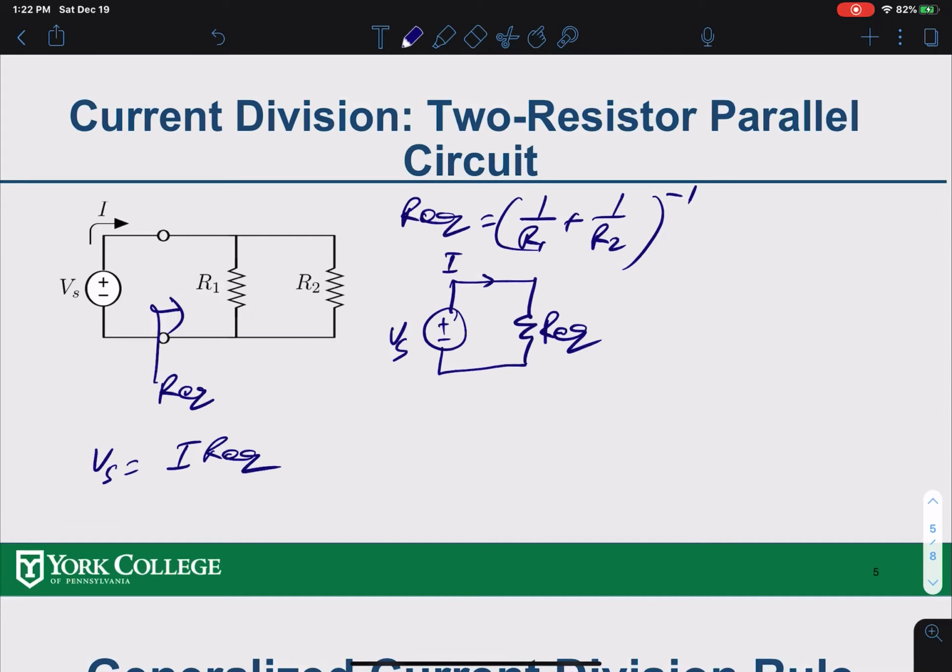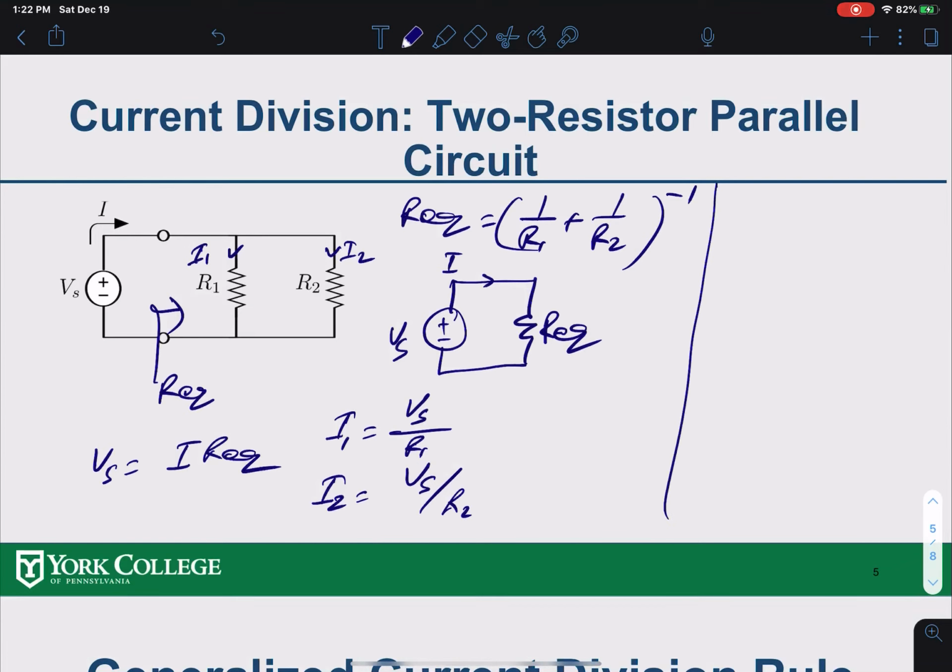Also, if you look at the current over here, let's say I1 here and the current here is I2. From that circuit, using Ohm's law, your I1 would be Vs over R1 and I2 would be Vs over R2. Now I know Vs from this equation, so I can substitute Vs: I1 is I R EQ over R1, and I2 is I R EQ over R2.